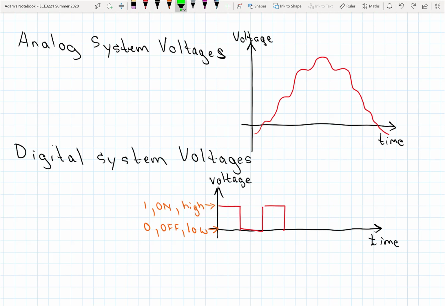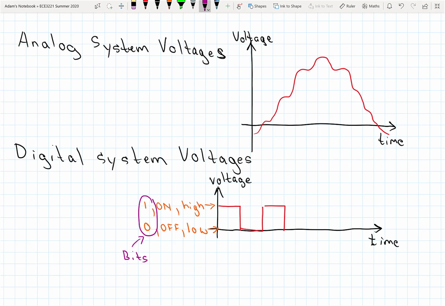Just like this low value. Now, the low value is much more common to simply refer to as 0 volts or something close to 0 volts, and we'll see in a bit that it doesn't necessarily have to be precisely 0 volts. But again, for our purposes, we're going to primarily refer to states of a digital system by their bits, which will hold a value of 1 or 0.